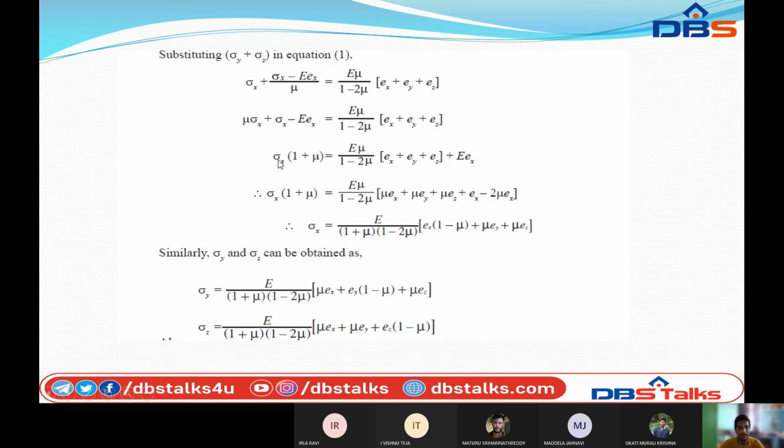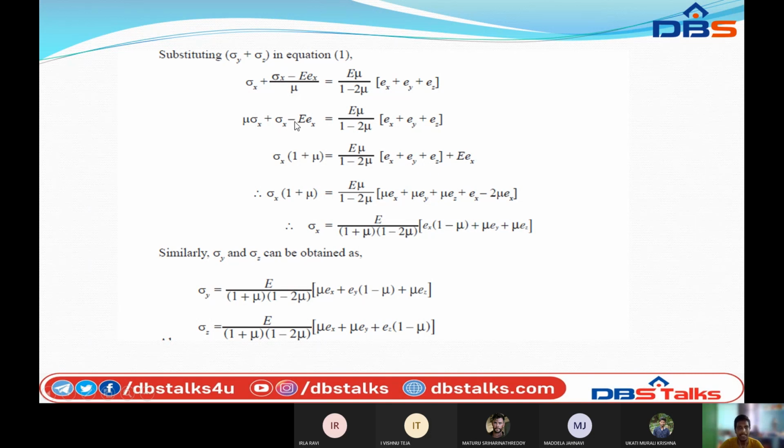After that, I'm taking sigma x as common on the left side. After taking sigma x as common, the remaining will be 1 plus mu. The other term will be taken to the right side. The remaining is E mu by 1 minus 2 mu times Ex plus Ey plus Ez.